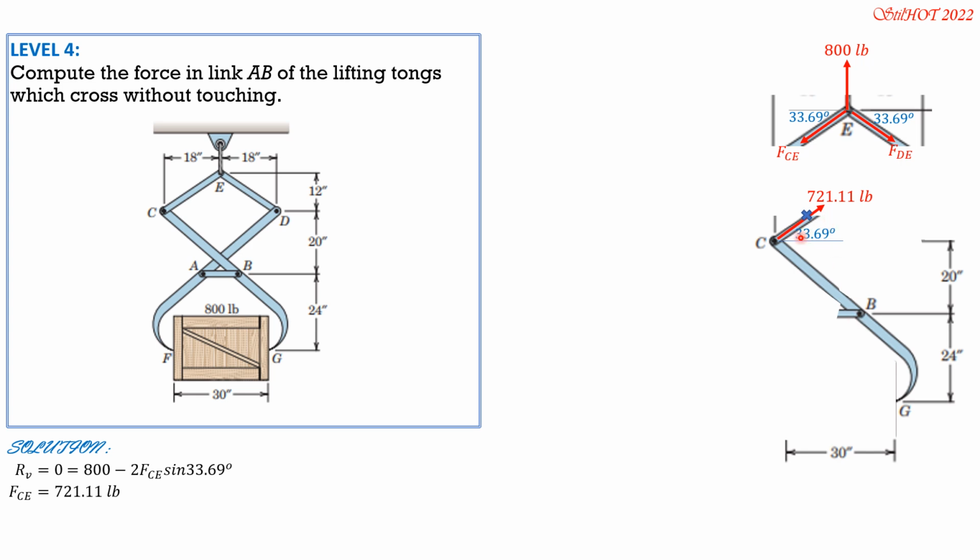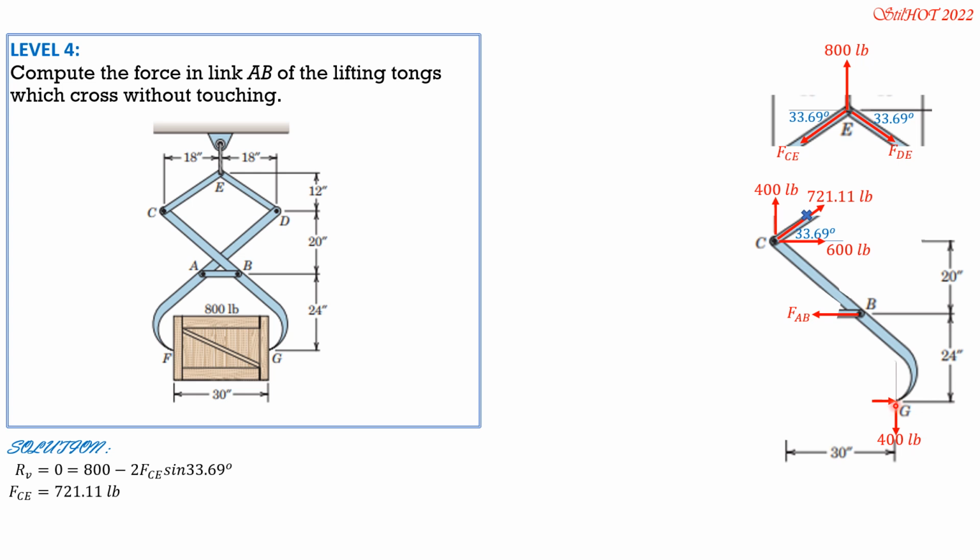We remove it, replace by component 721.11 cosine of 33.69 degrees, that's 600 pounds, while 721.11 sine of 33.69 should be half of 800 or 400 pounds. Then this is the force in AB that is required, and at G we have downward force which is definitely 400 and normal force which is to be found.